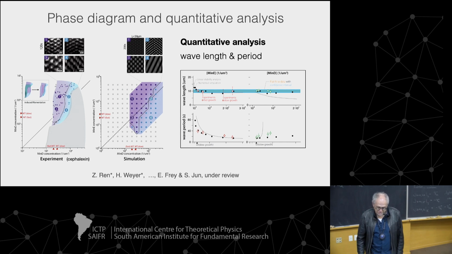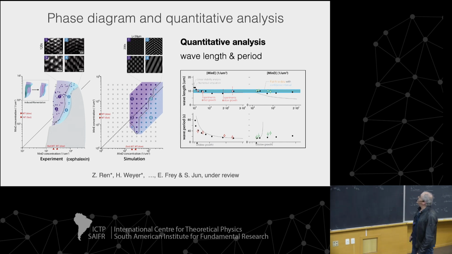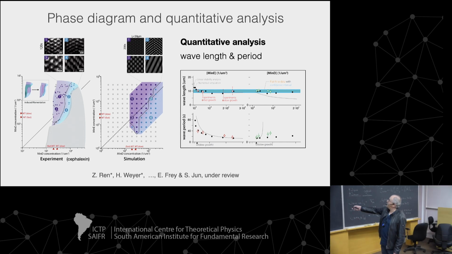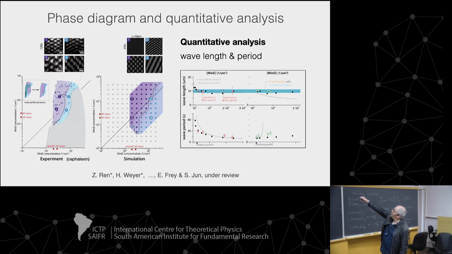You can also see here that there is the wave period. So this here is experimental data. The dots, the black dots, are numerical data. And this here is actually the analysis from a linear stability analysis. And the reason we can do this is that the transition, it turns out, is actually subcritical.